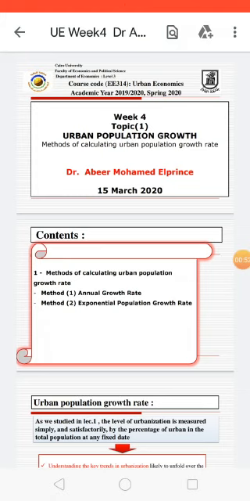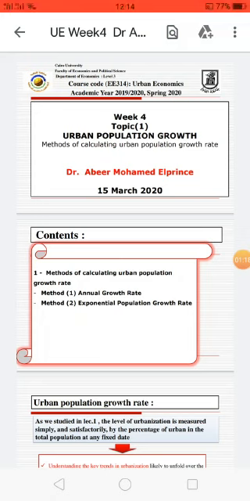Number 2, we studied some population percentages and population ratios to determine urban population characteristics. Number 3, we studied the population pyramid, kinds and types of population pyramid, and demographic dividend.